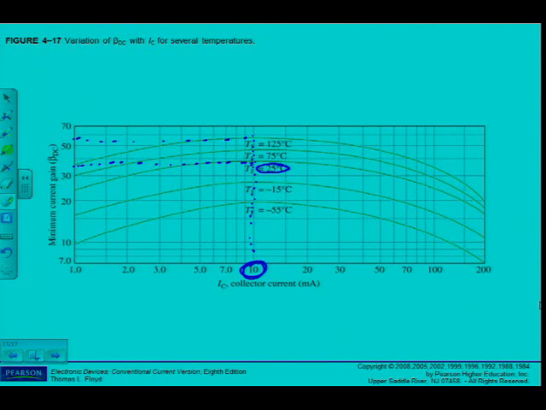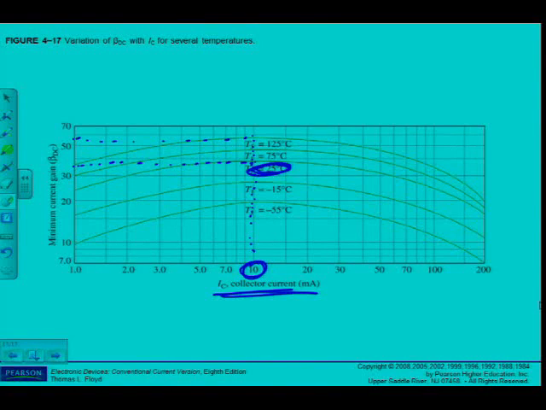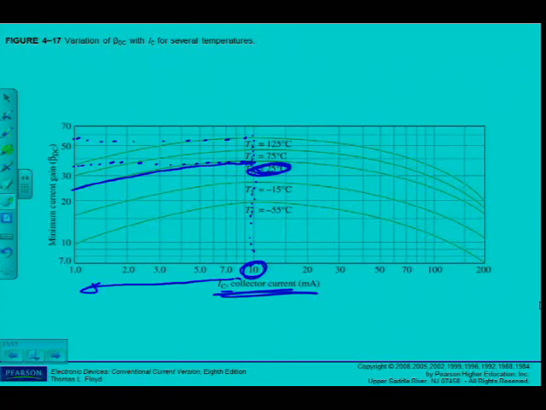And also, the temperature remains constant at 25 degrees Celsius, but IC changes. Let's say IC changes from 10 milliamps to 1 milliamp. You can see what happens to the curve here. It goes from approximately 37 down to about 25.